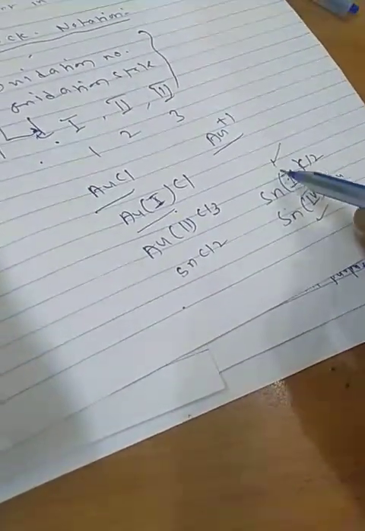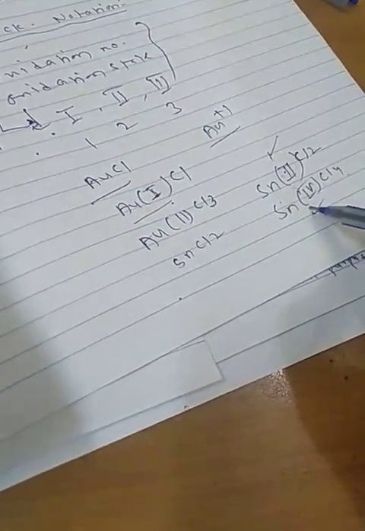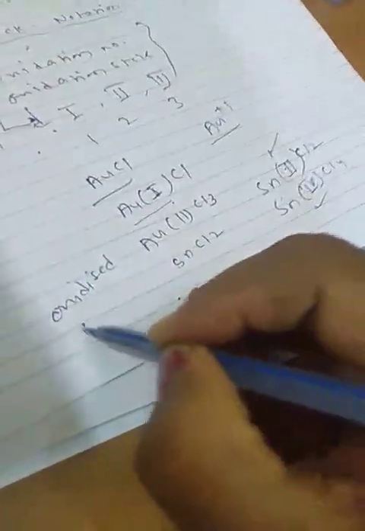This change in oxidation number implies a change in oxidation state. The oxidation number is 2, the oxidation number is 4. So the oxidation state is 2, the oxidation state is 4, which in turn helps to identify whether the species is present in oxidized form or reduced form.